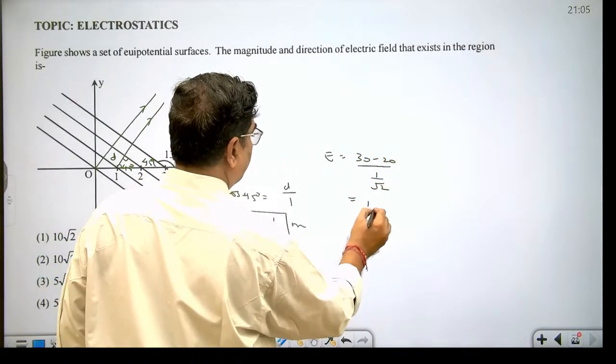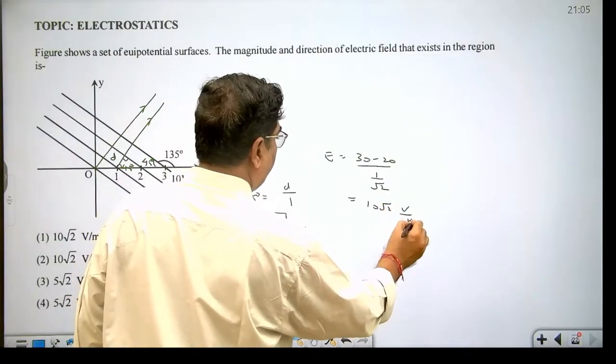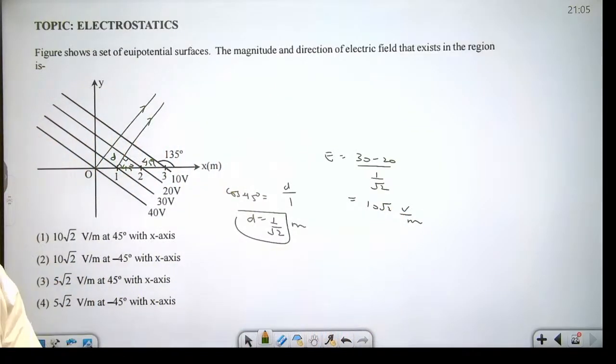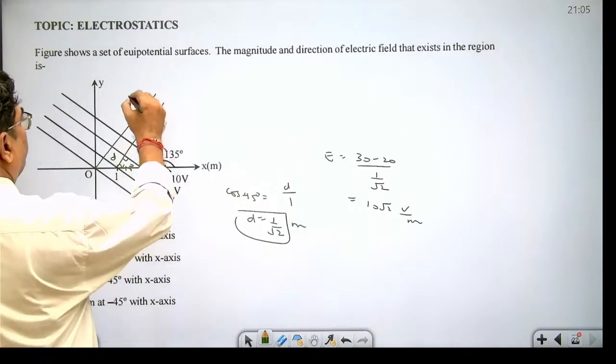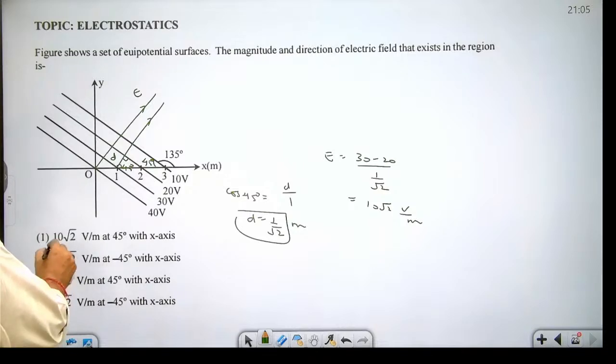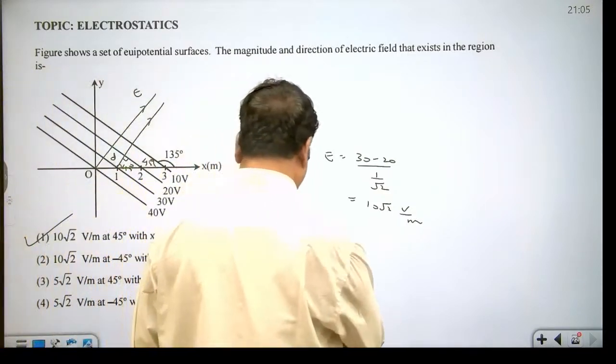So this is equal to 10 root 2 volt upon meter, at 45 degrees with the x-axis. This is the direction of the electric field at 45 degrees, this is also important, at 45 degrees with the x-axis. So option 1 is the correct answer out of 4 choices.